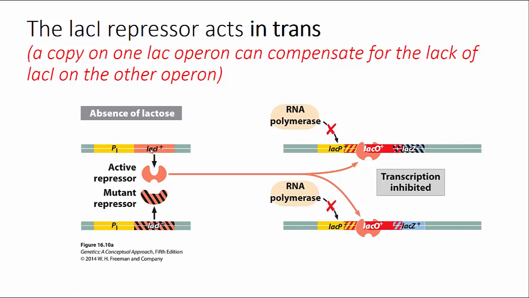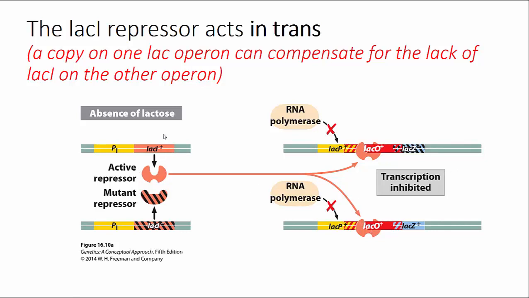Because the LAC-I is actually a protein that is encoded on that gene, that protein no longer is tethered to the same copy of the operon from which it was encoded. And so you can make that functioning protein, and it can diffuse around the cell, and it can bind to any functioning LAC-O sequence that is found in the cell.